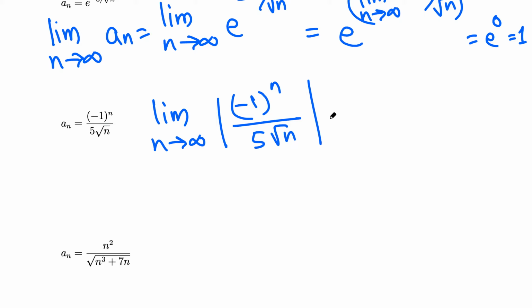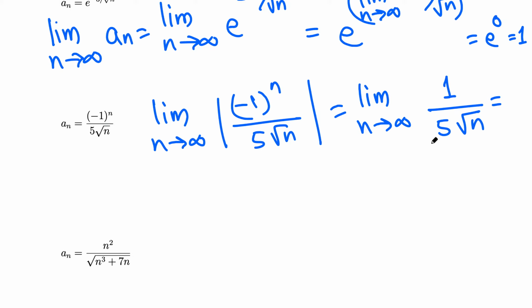Okay, so that is the same as the limit as n goes to infinity of, let's find the absolute value. On the bottom, 5 square root of n, both positive, so the absolute value of positive numbers is always positive. On the top, negative 1 to the n, when we take absolute value, it's going to be just positive 1. Without absolute value, it could be negative 1, 1, negative 1, 1, but when we take absolute value, it's always 1.